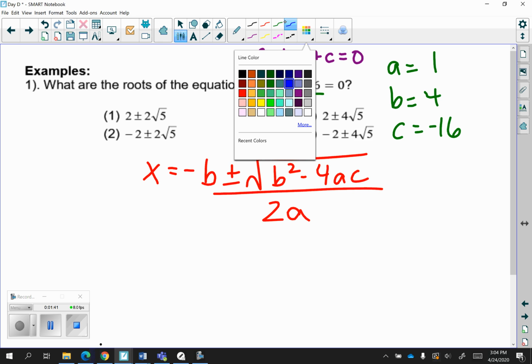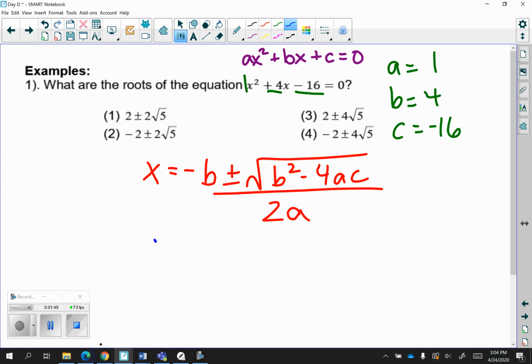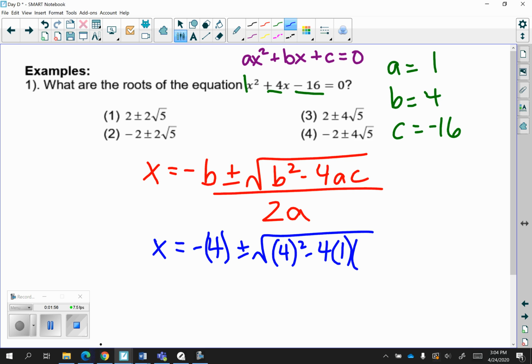Okay, so let's substitute our values in. So x is going to be equal to negative b plus or minus the square root of b squared minus 4 times a times c all over 2 times a.